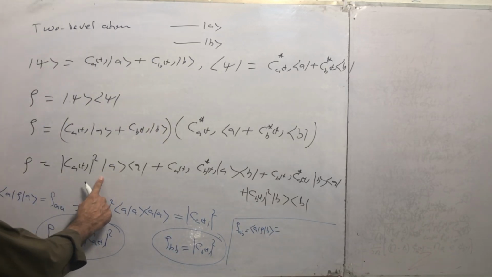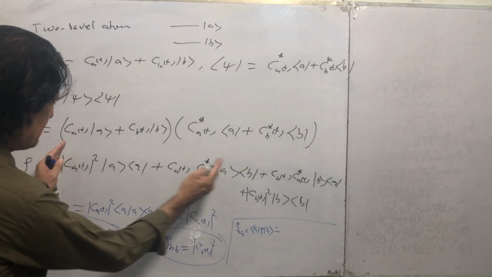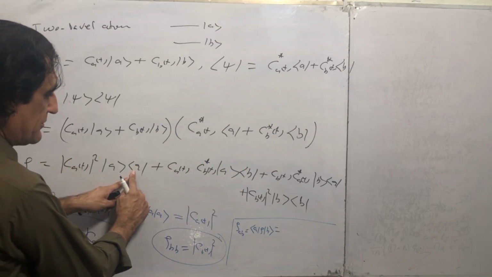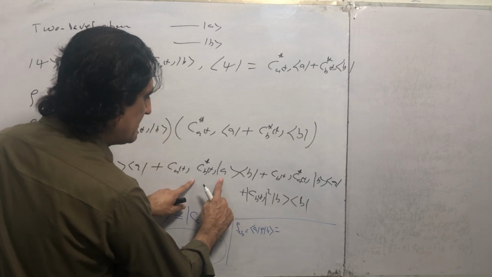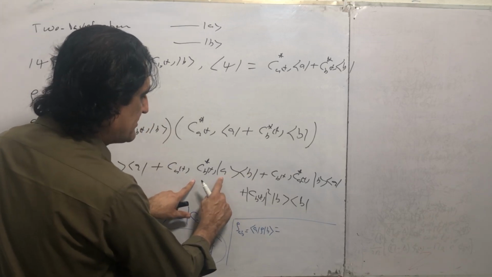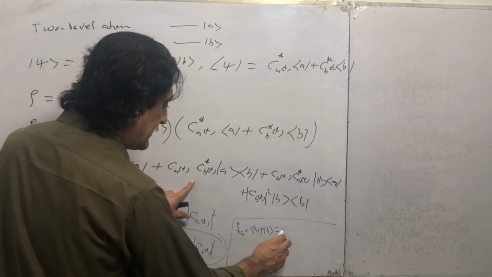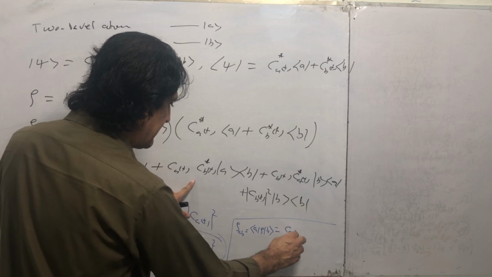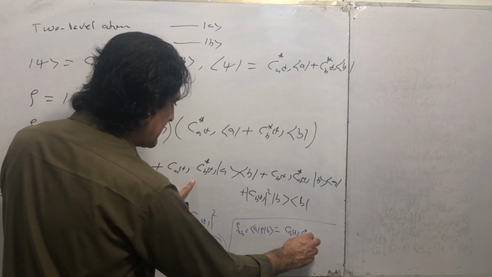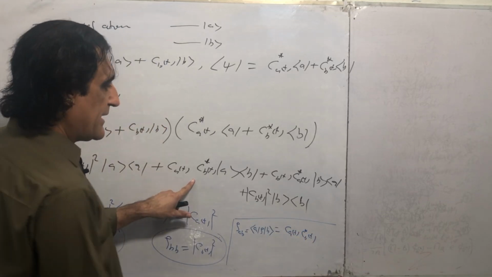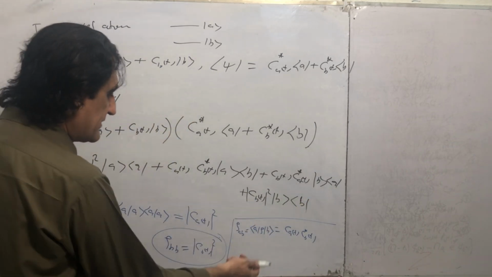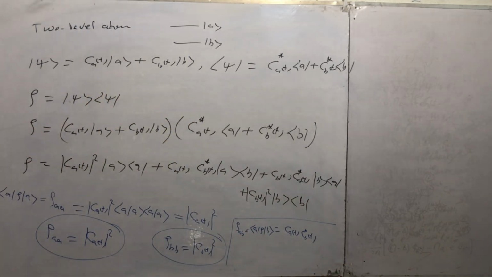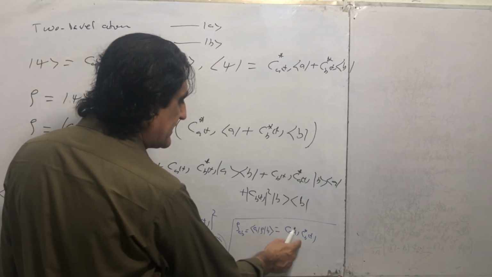If we multiply this with <A| and this with |B>, this will be equal to 0. This with <A| and this with |B>, this will not be equal to 0, but this will be equal to 1 and this will be equal to 1, and we have Ca of t and Cb star of t, and the remaining will be equal to 0. And similarly, the reverse, rho BA, then Ca star and Cb.